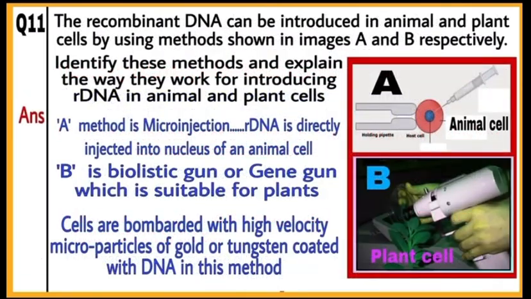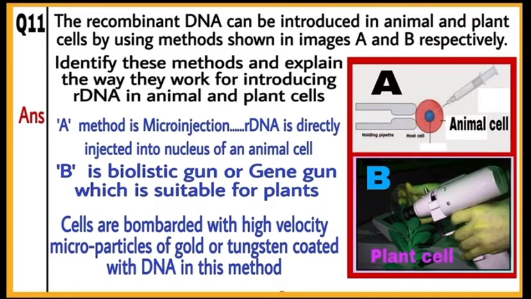Question 11. The recombinant DNA can be introduced in animal and plant cells by using methods shown in images A and B respectively. Identify them and explain the way they work for introducing recombinant DNA in animal and plant cells. In figure A, the name of method used is microinjection.